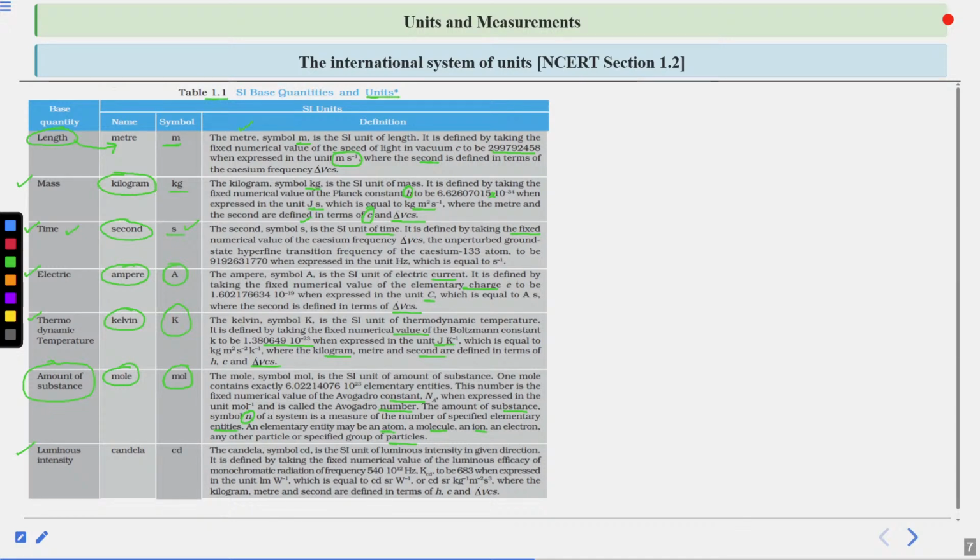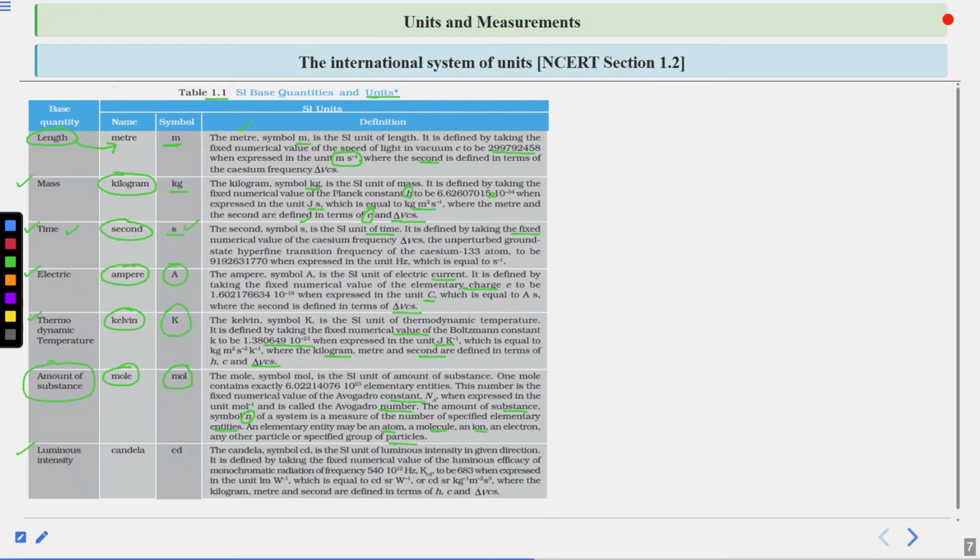It means 1 mole is equal to 6.022 into 10 raised to the power 23 elementary entities. And for charge, 1 electron is equal to 1.6 into 10 raised to the power minus 19 coulomb. And the Planck constant is 6.6 into 10 raised to the power minus 34.